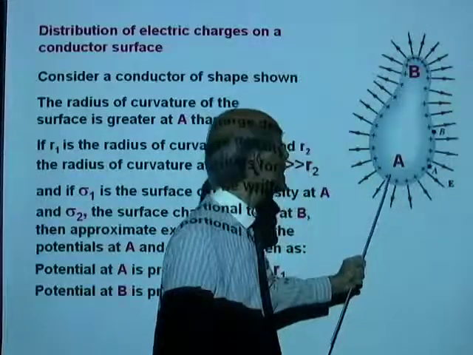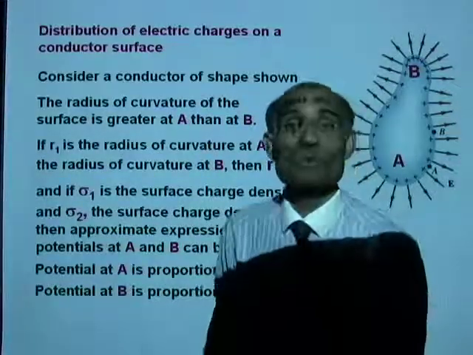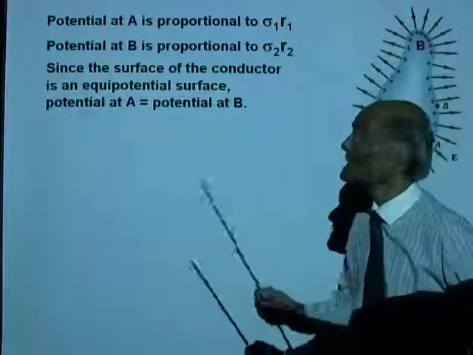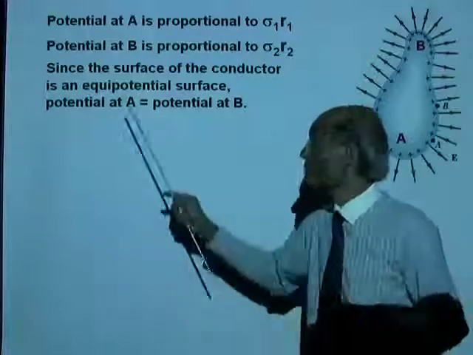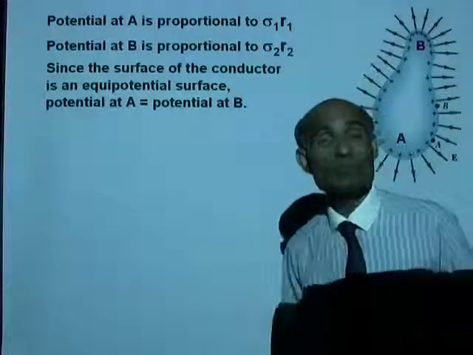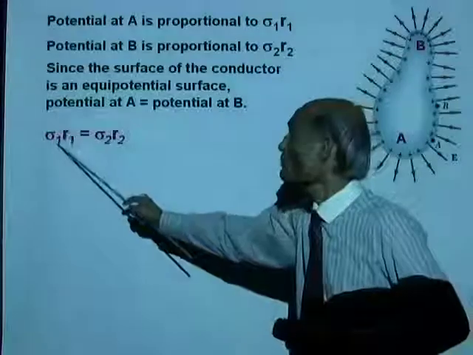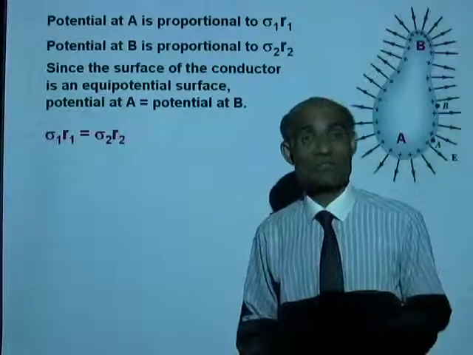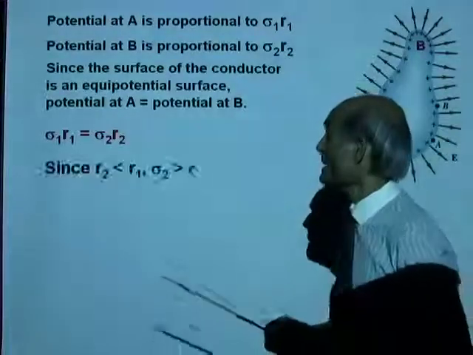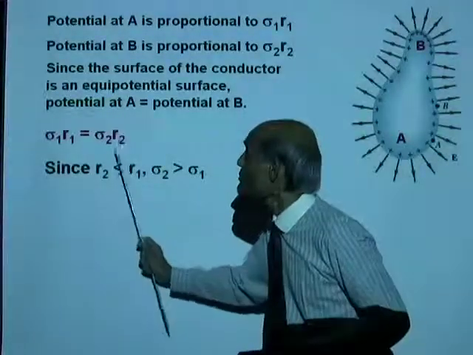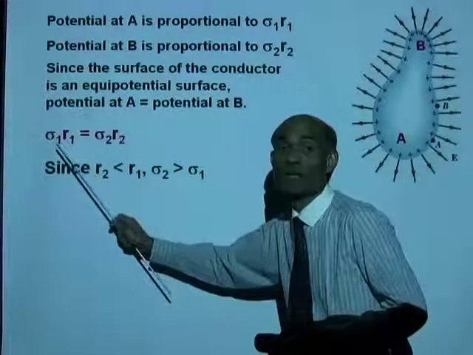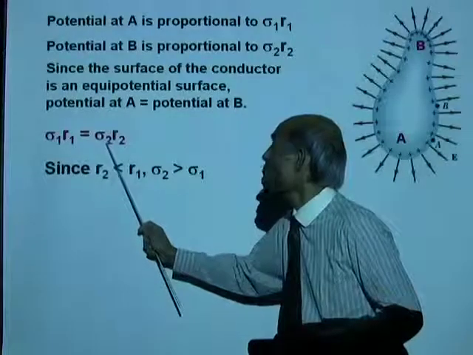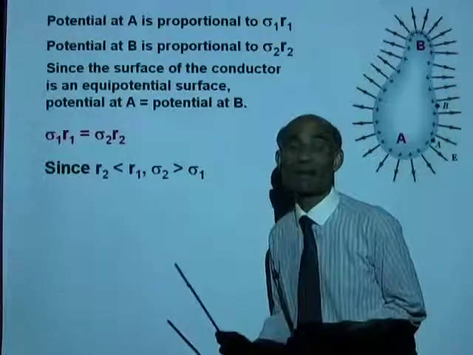That means the potential at A must be equal to the potential at B. Since the surface of the conductor is an equipotential surface, the potential at A must be equal to the potential at B, or sigma 1 R1 must be equal to sigma 2 R2. What does that mean? It means because R2 is much less than R1, for this relation to be good, sigma 2 has to be greater than sigma 1.